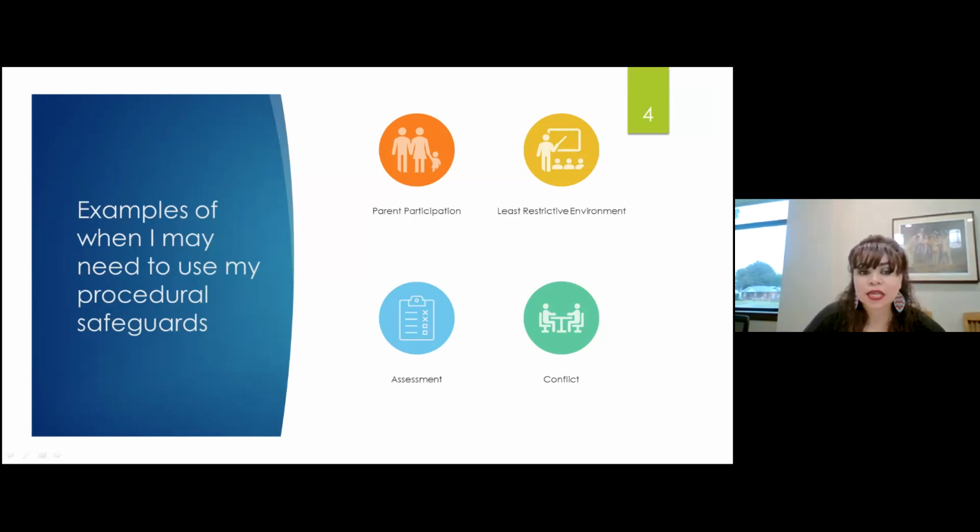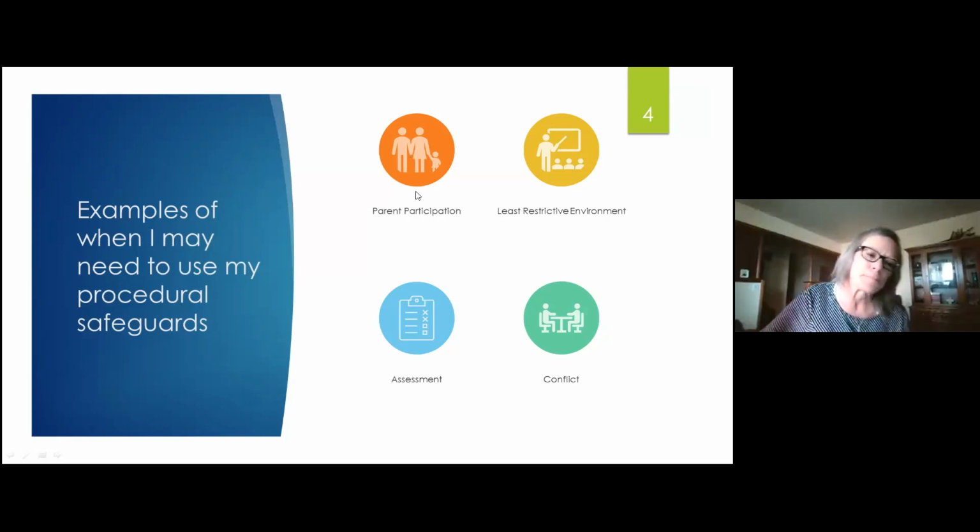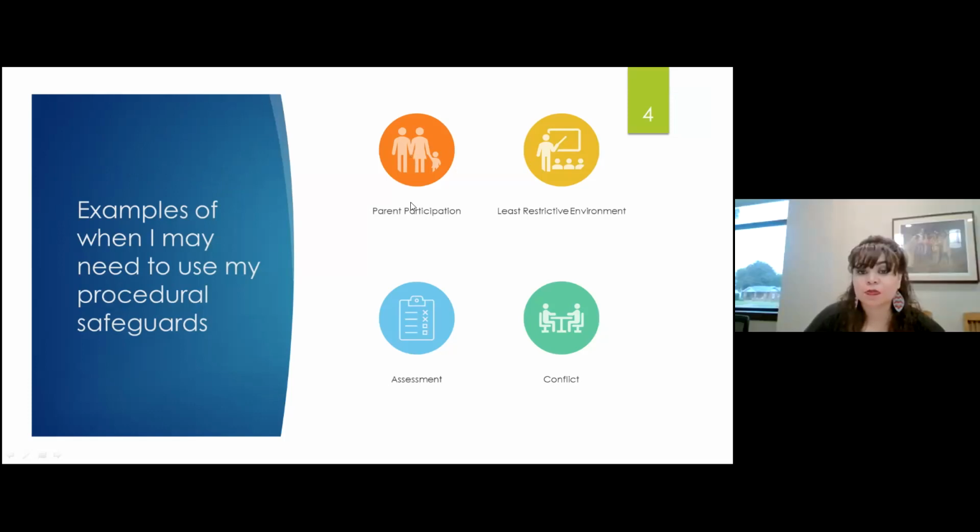So some examples of when you may need to use your procedural safeguard is parent participation. As we have discussed in our other training series, parent participation is affording you the equal opportunity and equal access to create, develop the IEP. So you should always have equal access to the IEP and to participating in designing that, giving suggestions, asking questions, your input.